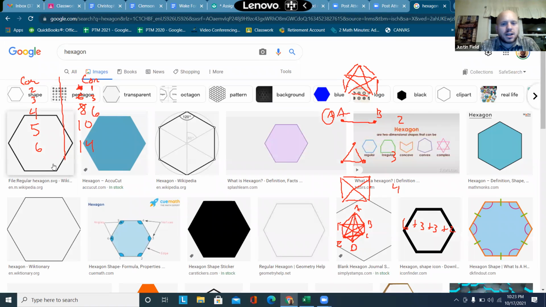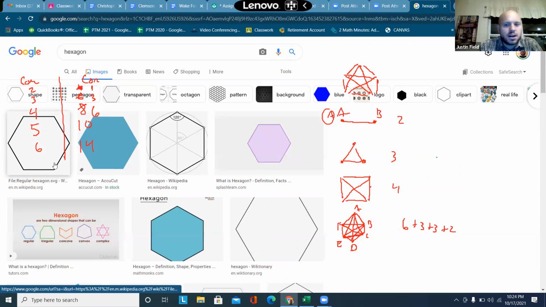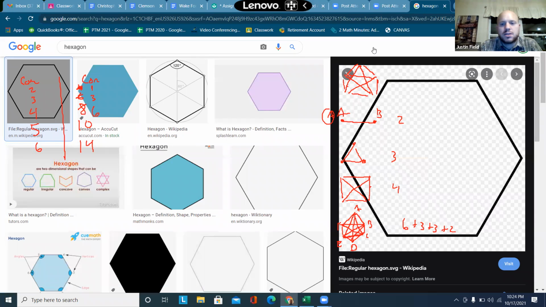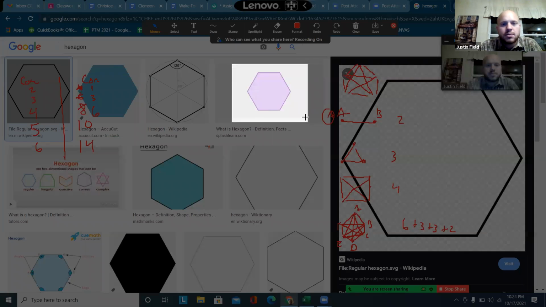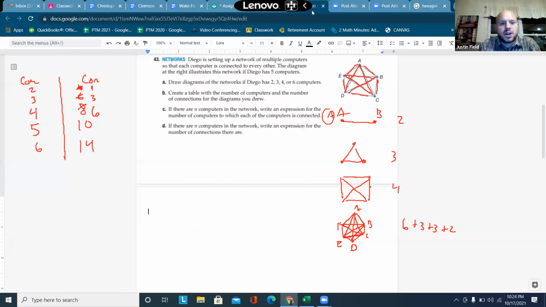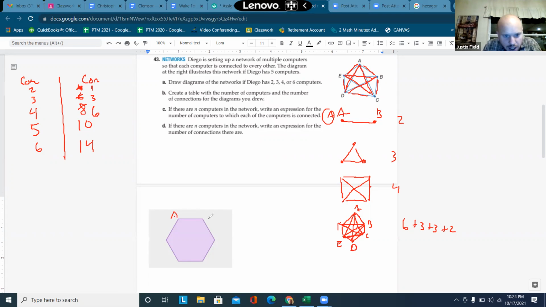I just want a hexagon. All right. So, all right. So now I got some. So we're gonna try this one more time because we gotta be able to see and make sure that 14 is right, or everything's gonna be out of sync.